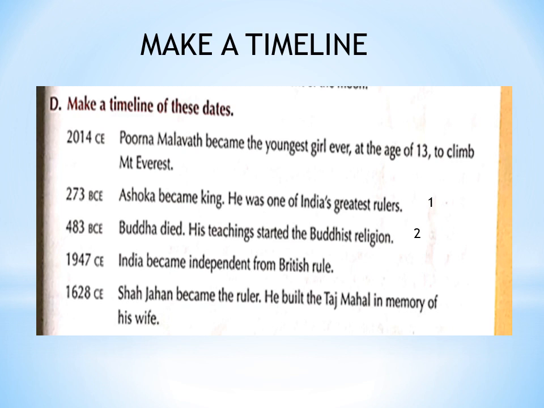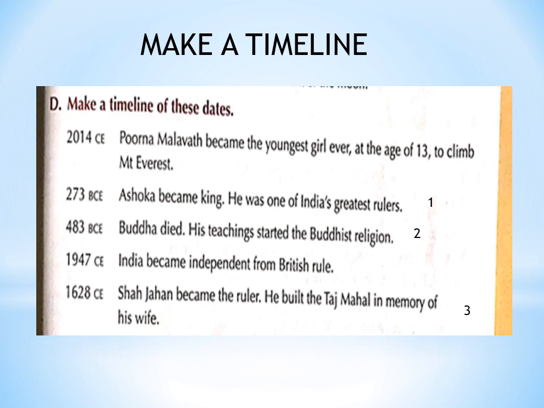Next is 1628 CE. Shah Jahan became the ruler. He built the Taj Mahal in memory of his wife. This is number 3. Next is 1947 CE. India became independent from British rule.